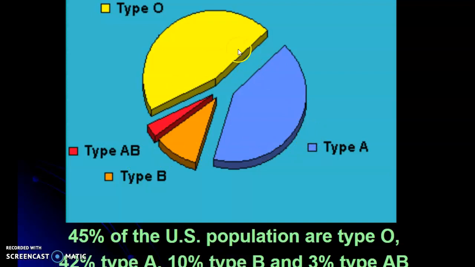So most of the world is type O. America has a high German population, so you'll see the type A there. But if you have a B gene from somebody and an A gene from somebody, you can get AB blood. And that's an example of codominance. So codominance, you actually see both traits.